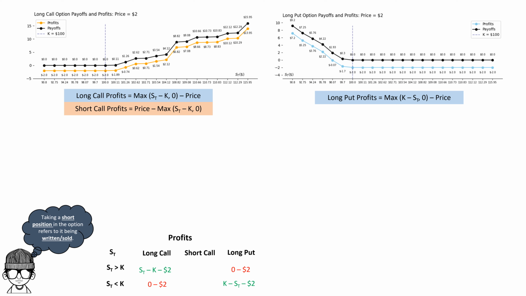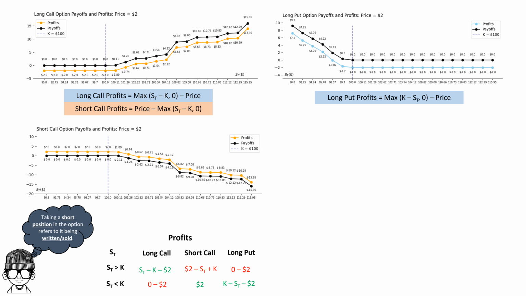So when ST is greater than K, the holder exercises the option, and the writer gets a profit of $2 minus ST plus K. In the case of ST being less than K, the writer gets a profit of $2 since the option is not exercised. Now, that's what the payoffs and profits of a call option writer would look like.